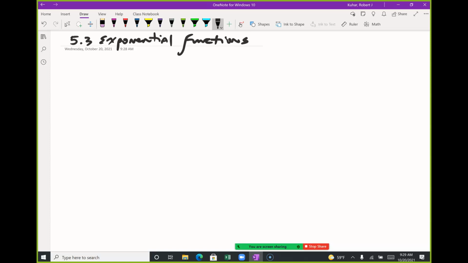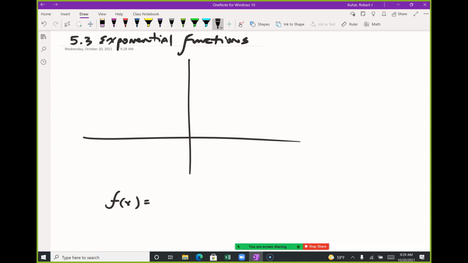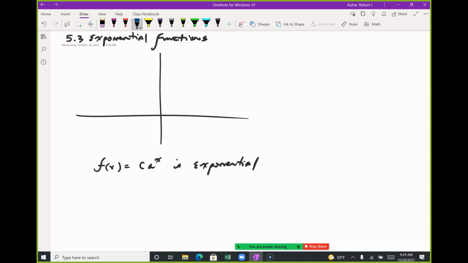So I want to look at the general form of an exponential function. f of x equals c times a to the x is exponential, where c, which can't be 0, is the y-intercept, or initial value.